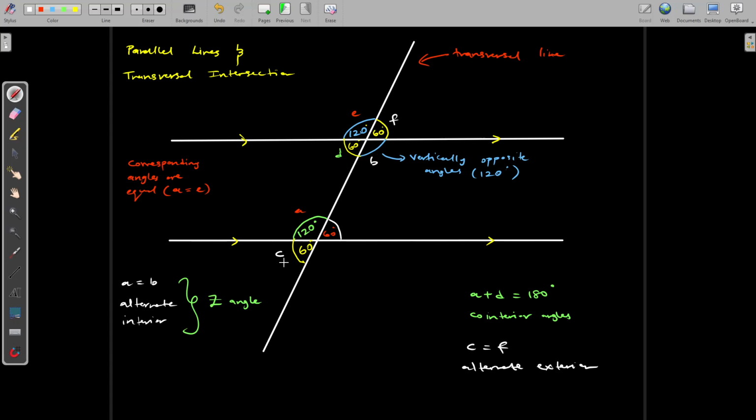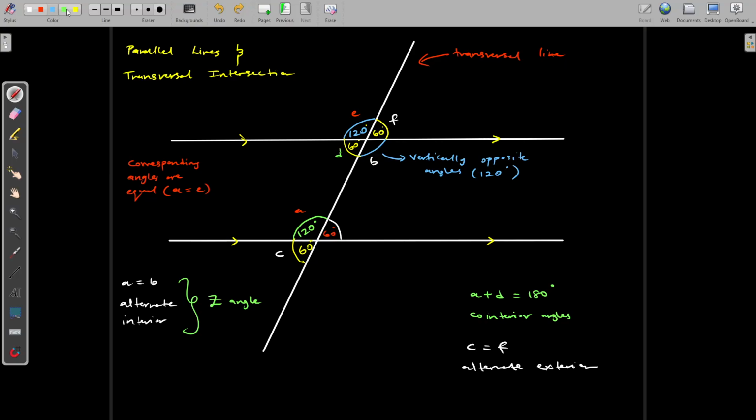They are found on the outer parts, on opposite sides of the transversal. So this is the transversal line, and the angles are formed on the outside on the opposite parts of the transversal. So that's why we get alternate exterior.